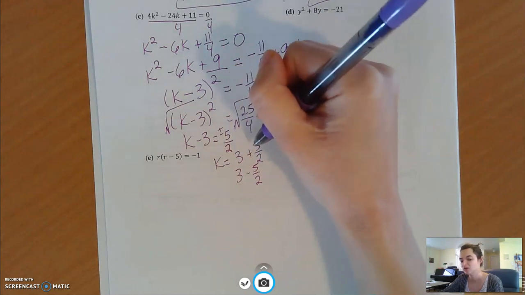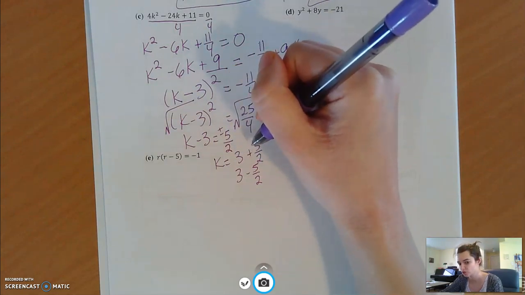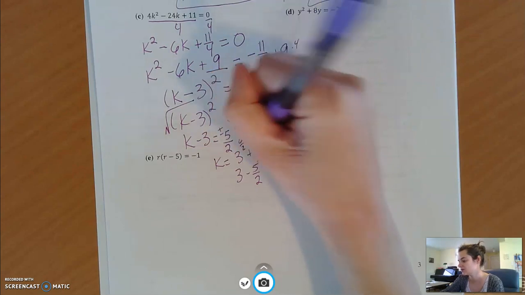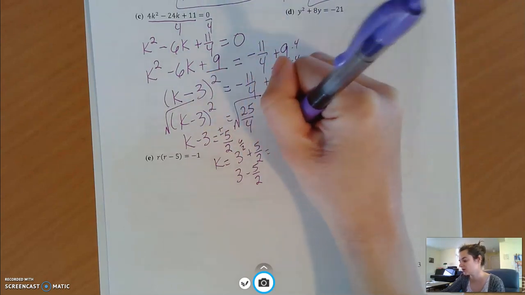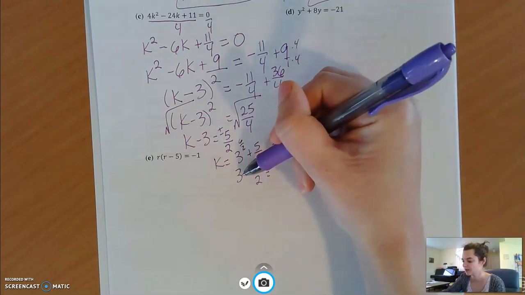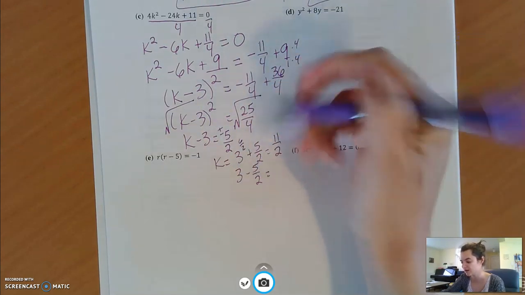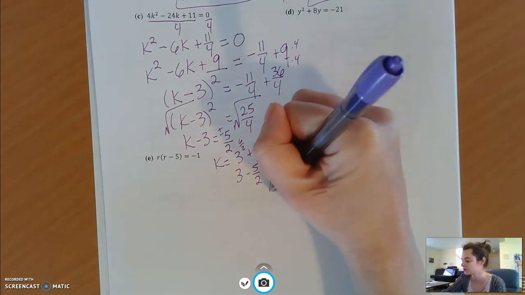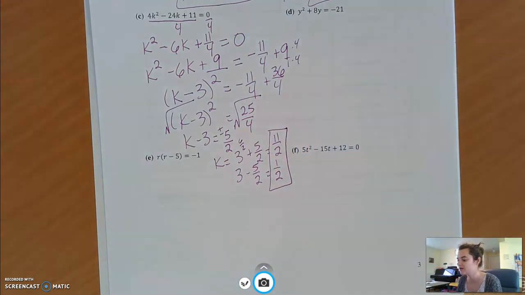So 3, you guys might know that 3 is equal to 6 over 2. So then we'll have 6 halves plus 5 halves, which would be 11 halves. Or we would have 6 halves minus 5 halves, which would be 1 half. So those are my two answers. So k could be 11 halves, or k could be 1 half. Okay.